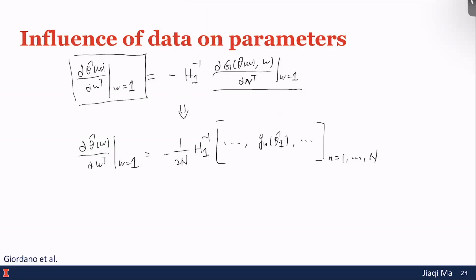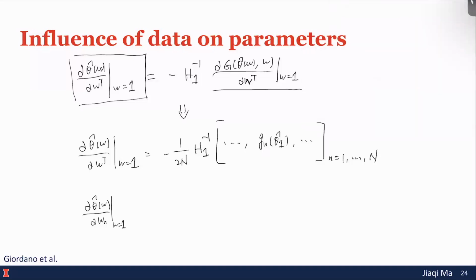Okay, so this is essentially how the data is going to influence the parameters. And specifically, we know this thing, right? That's the individual data points, theta W, for one individual data point, evaluated at W equals 1 as the original parameters.